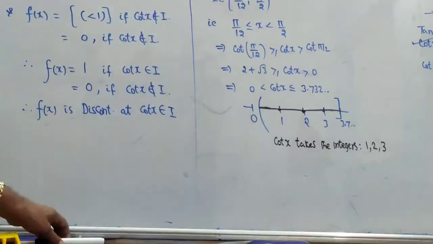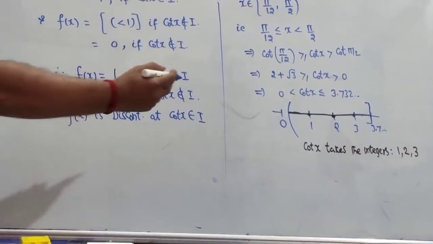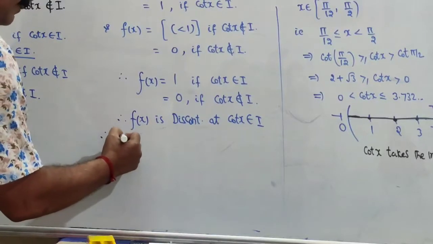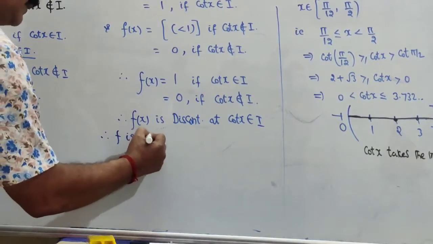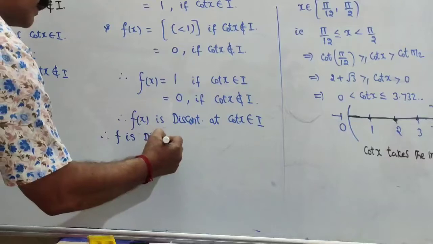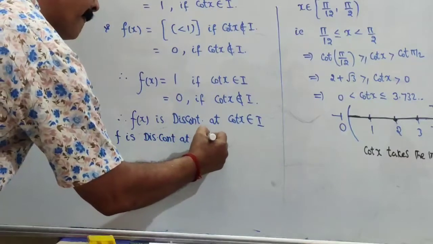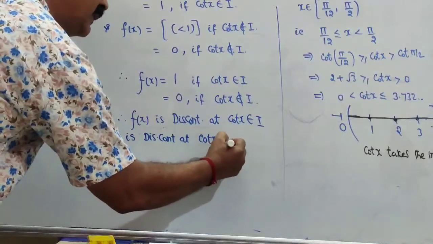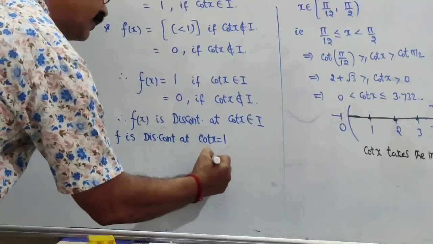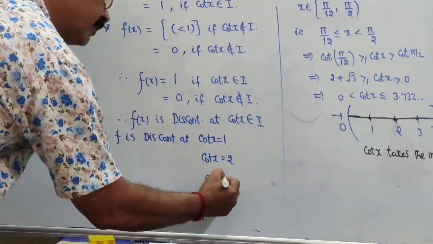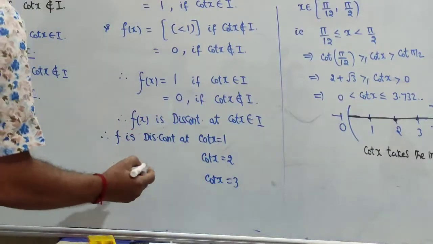So therefore f of x is discontinuous at cot x equal to 1, cot x equal to 2, cot x equal to 3.